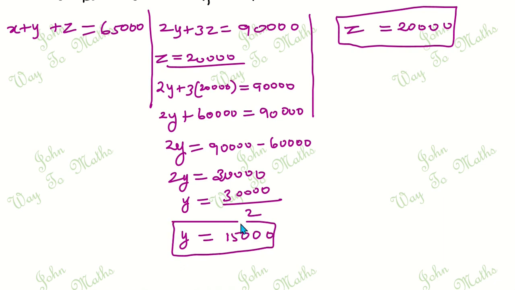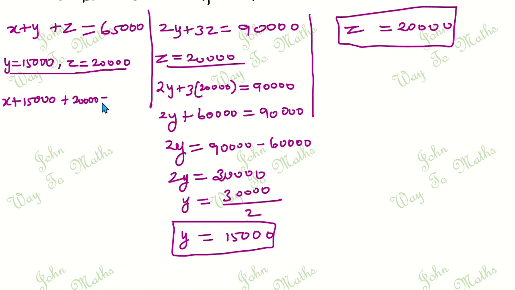So next I am going to find the x value. So here y is equal to 15,000, then z is equal to 20,000, and I'm going to apply this equation. So we get x plus y becomes 15,000 plus z becomes 20,000 is equal to 65,000.